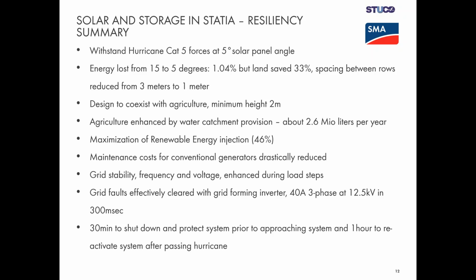Anything larger than 20 amps on a 3-phase fault, which is the most critical fault, will shut our conventional power plant down. However, we have tested the solar park in diesel off mode up to a 40 amp 3-phase fault at 12.5 kV, and the system fully recovered in 300 milliseconds back to 60 hertz, with only a glitch in the light seen around the island at that time.